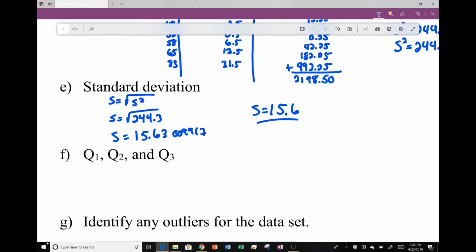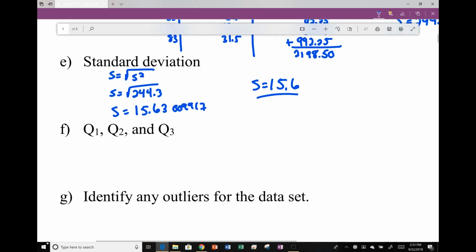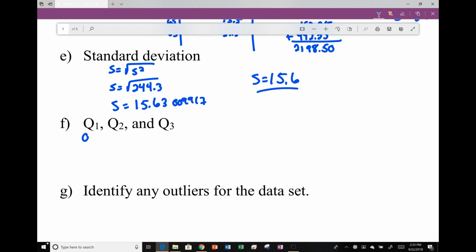Part F tells us to find Q1, Q2, Q3. So we're going to need that data in order, which you have at the top of your page. For Q1, recall that the location is 0.25 times n, which is 10 in this particular case. So 0.25 times 10 gives you 2.5.